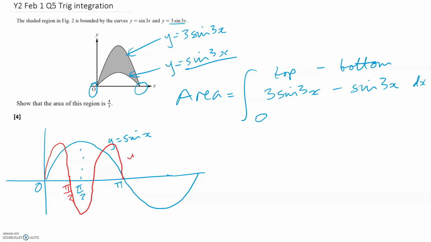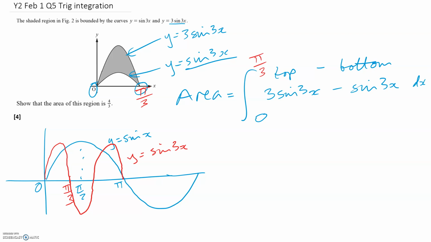So this graph is y equals sine 3x. The whole point of that was to show that this point here is going to be pi over 3, and so that will be our upper limit. Our upper limit is pi over 3.